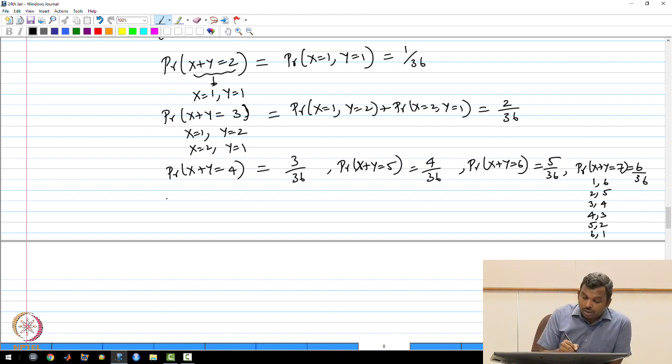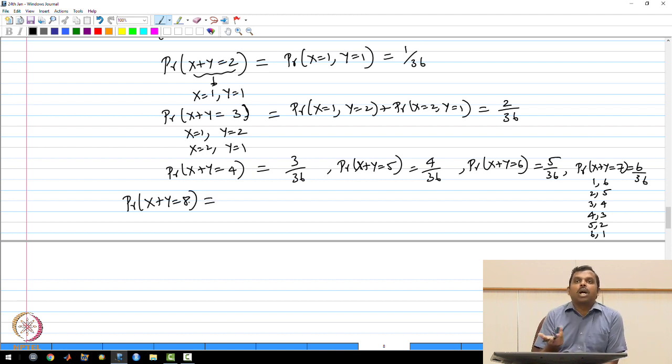Now when you start going a little bit higher than that, say x plus y equals 8, you'll see x cannot be 1. If x is 1, x plus y is not going to be 8, because y's maximum is 6. So the number of possibilities will decrease. Here you will have 2, 6; 3, 5; 4, 4; 5, 3; and 6, 2.